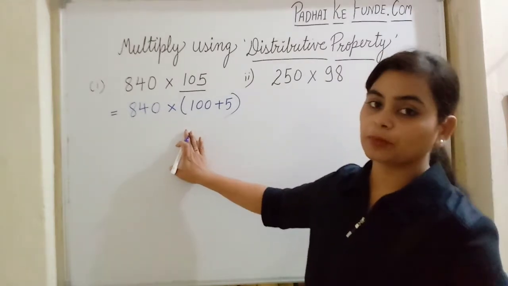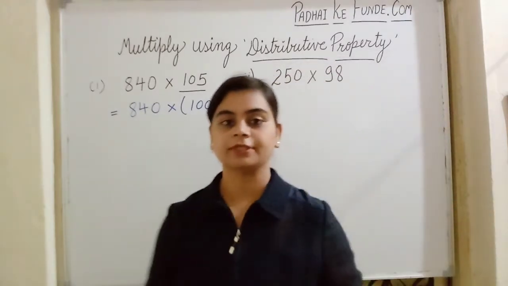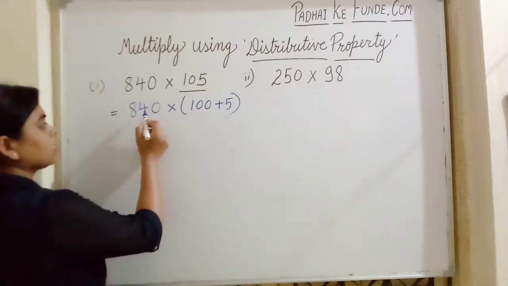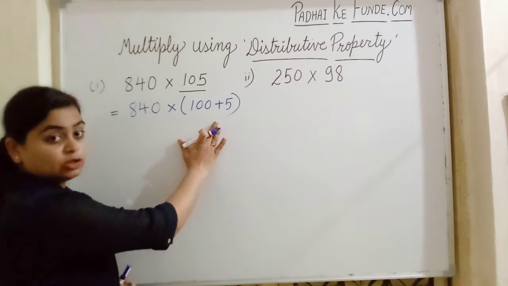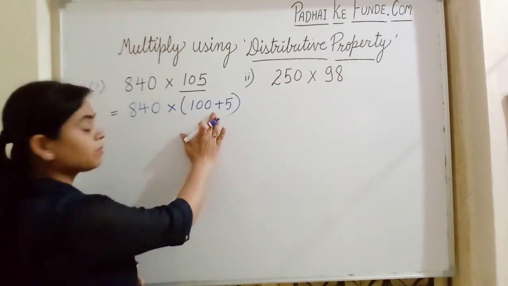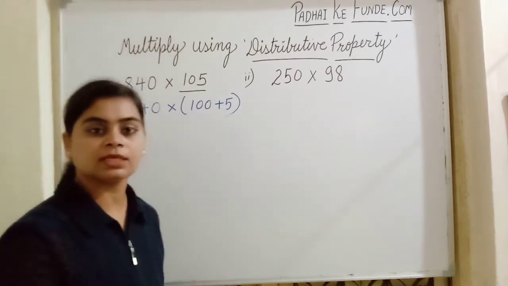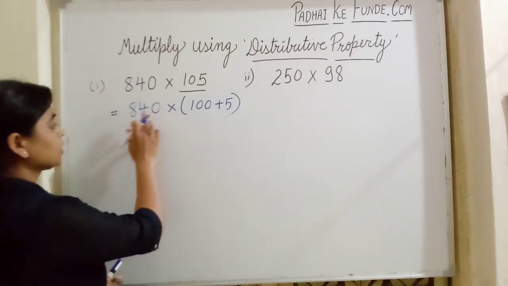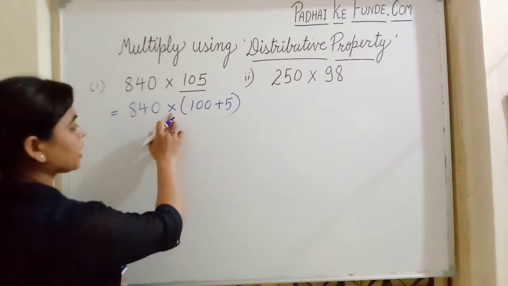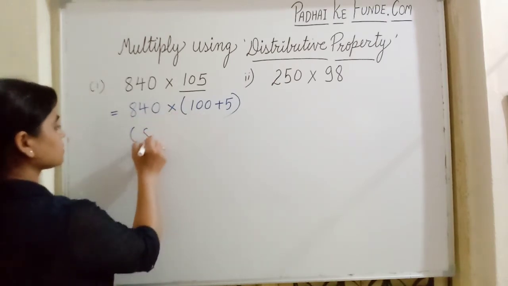Then we got the format where we can apply distributivity. As 840 is in multiply with the bracket, not with a single number, and as many numbers are there inside the bracket, with all of them it will be multiplied. So let us start. 840 into 100.